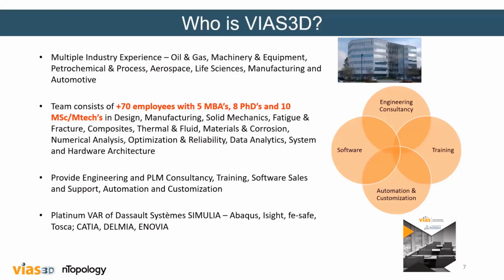We also work with CATIA, which is a design software, Delmia, which is a process manufacturing automation software, and Enovia, which is a collaborative environment. Going to the next one.